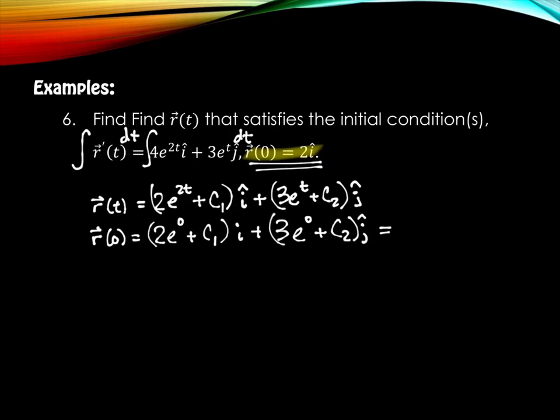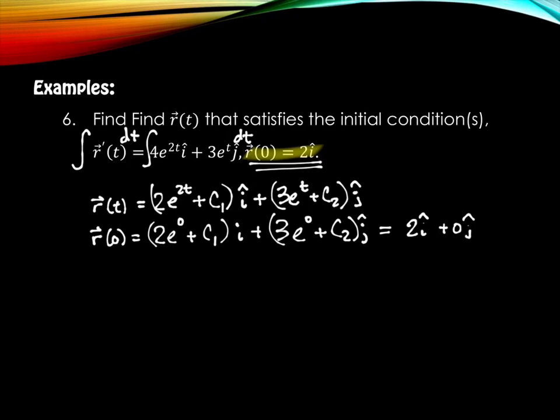And this is supposed to equal the vector 2i, which is 2, 0 in component form. So we have 2i plus 0j. We'll do it that way.